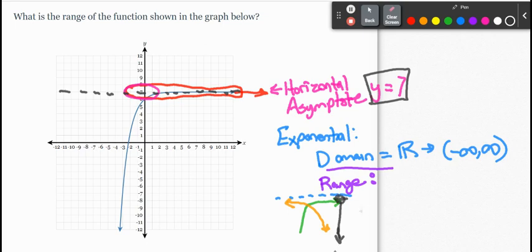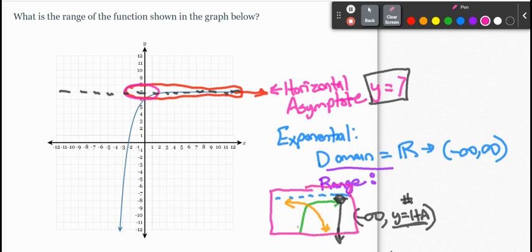So you'll just write negative infinity, parenthesis, up to whatever y value your horizontal asymptote is. So I'll write y equals HA, parentheses. Now this is a number, okay? Please don't write y equals HA as your solution. It's a number, so negative infinity to that number, parentheses on both. Every time, all exponential functions that behave like these two, that's the result you're going to get.